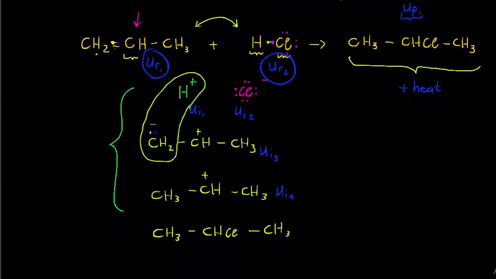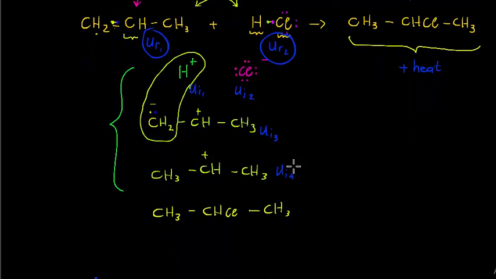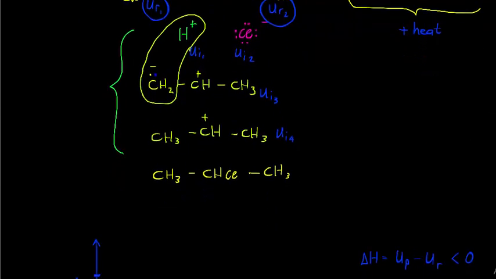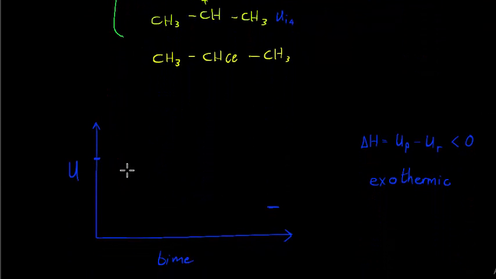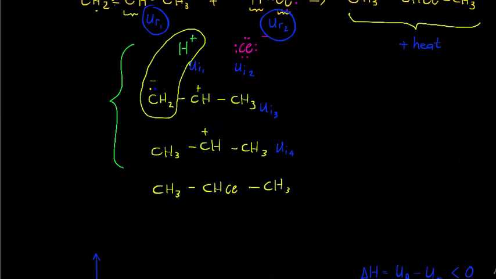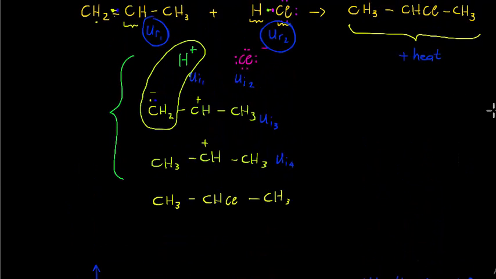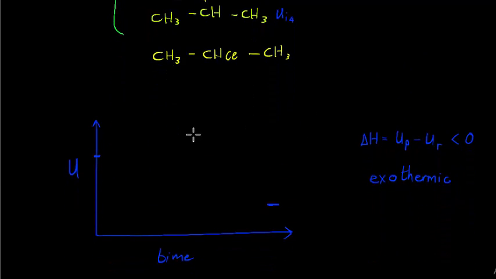But now in between there's a bunch of other potential energies also at play here, which means between the initial and the final state, there's potential energies in the intermediate molecules and compounds, which will always be higher than the initial potential energy, and always higher than the final potential energy. So let's say it peaks there.